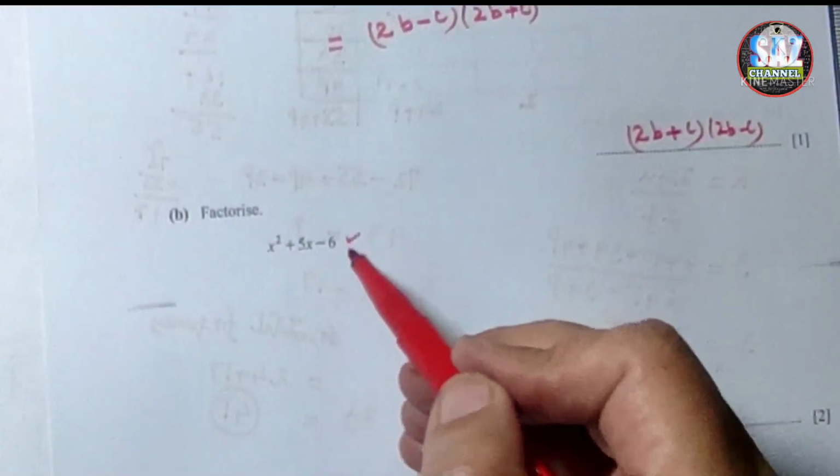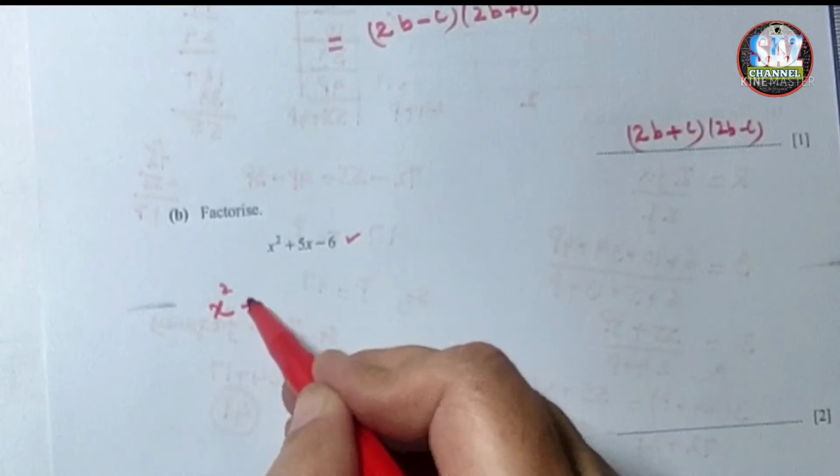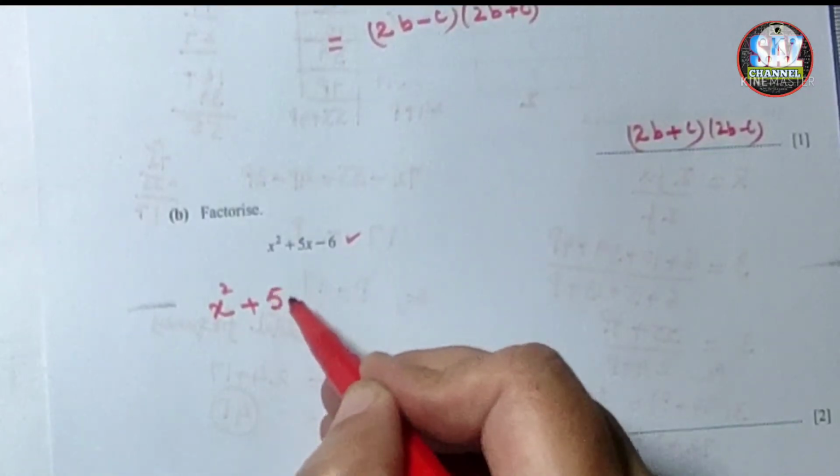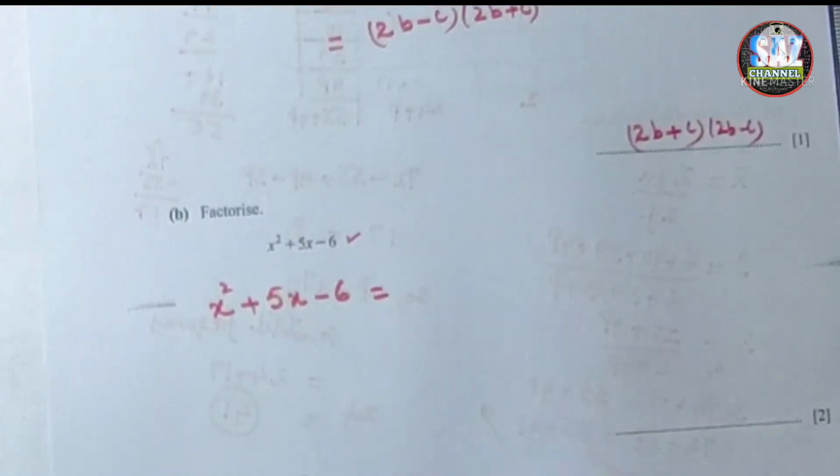Next part says factorize x square plus 5x minus 6. Again, factorization of a quadratic expression. Chapter number 3, exercise 3B has to be really strong. Here we have to decide whether middle term breakage or completing the square will be suitable.